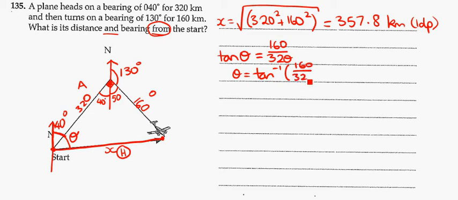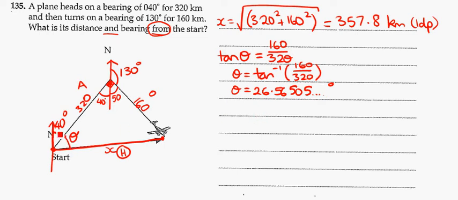We could do some simplifying there because it's clearly a half, but you can also let the calculator do the work. Need to check, of course, that we're in degrees. And on the calculator I get 26.56505. I'm going to write all those down because I'm not ready to finish my answer yet.